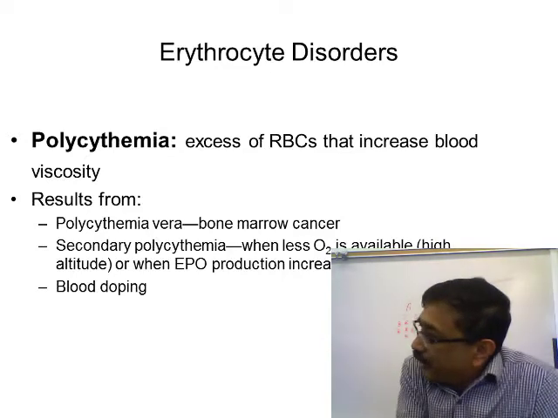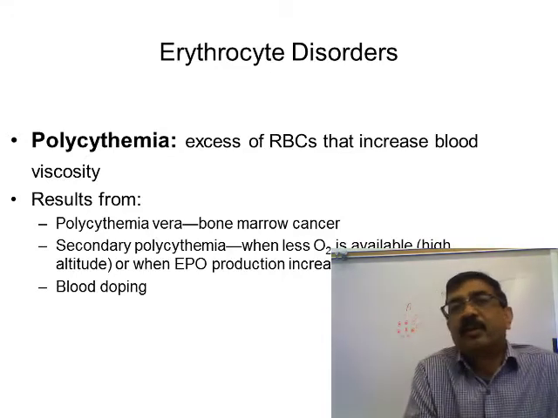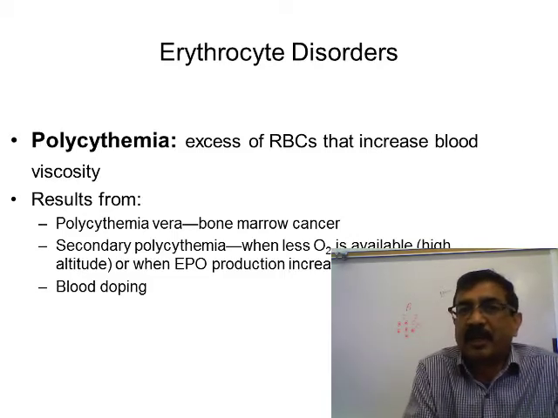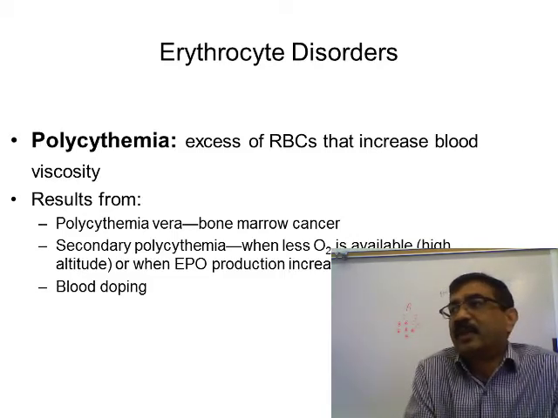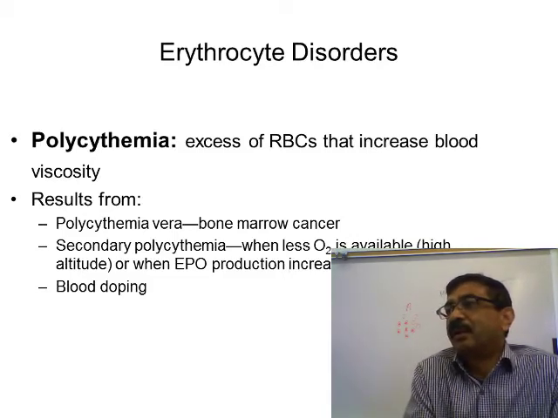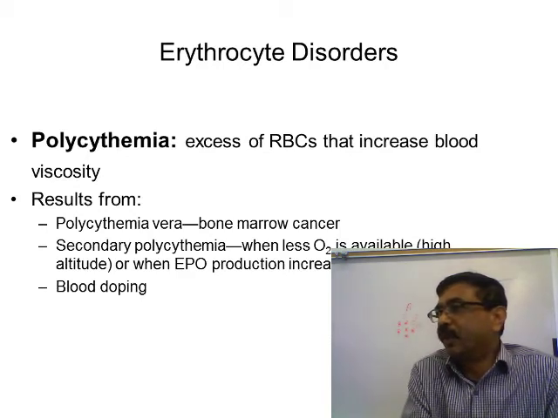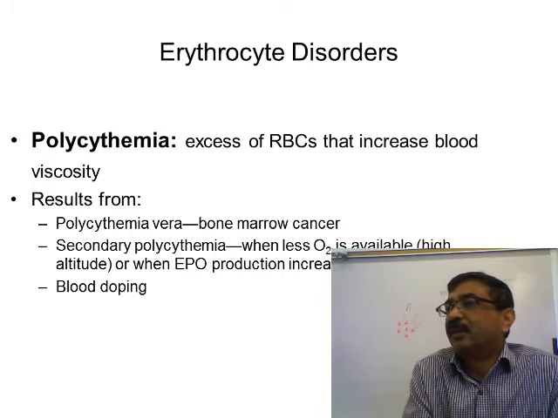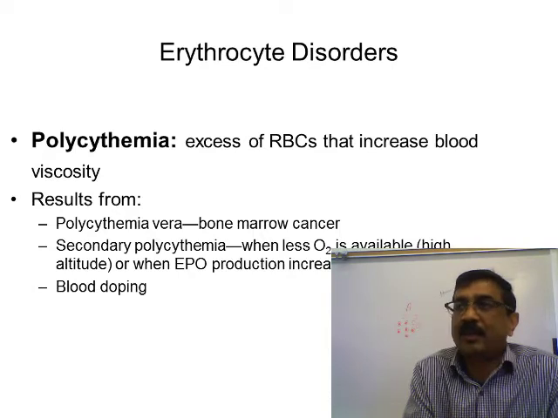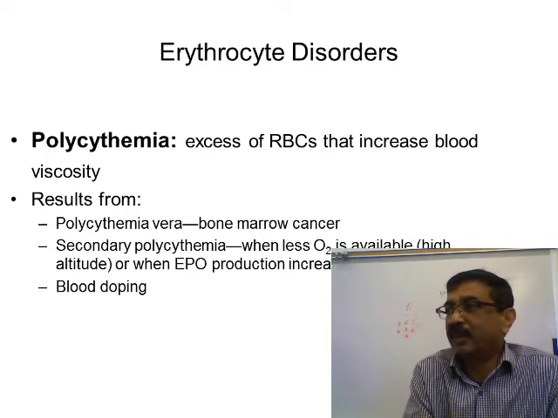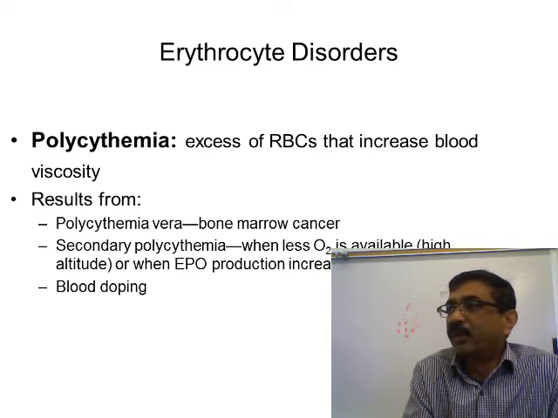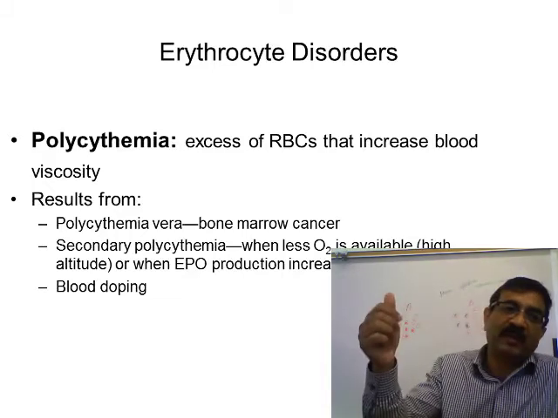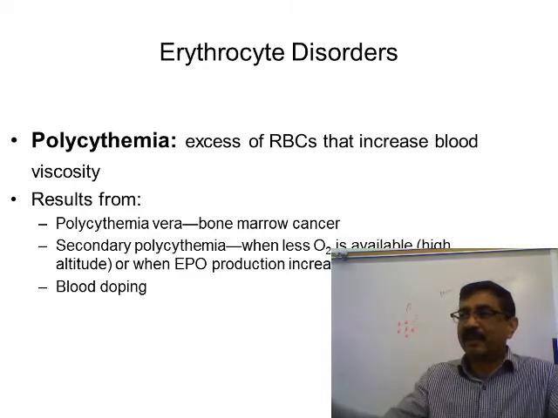Secondary polycythemia is also called physiological polycythemia. Why? Because this is a normal response of your body. Sometimes what happens, if you go on the top of a mountain where you have a lack of oxygen, right? Less oxygen there, your body will respond to that environment by producing more red blood cells because oxygen is less there.